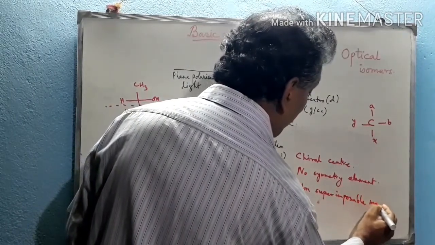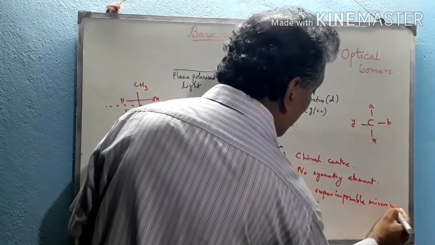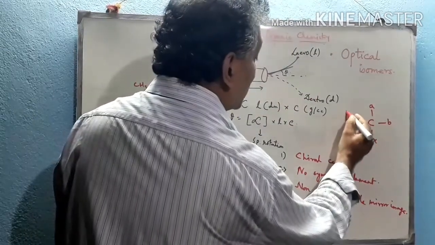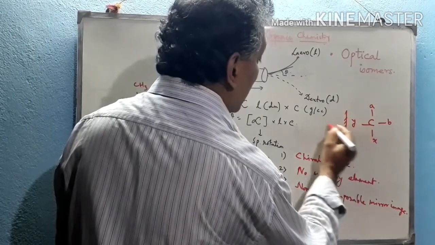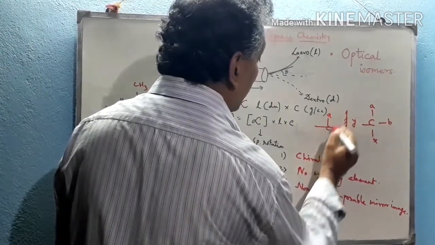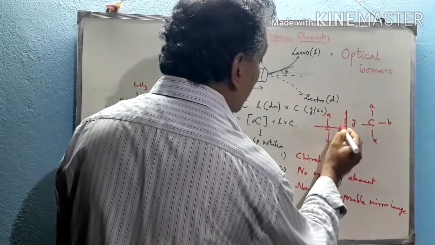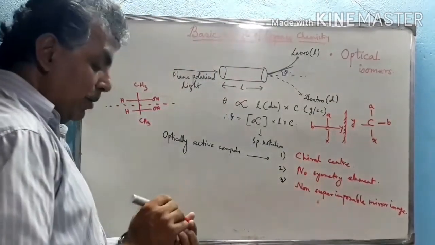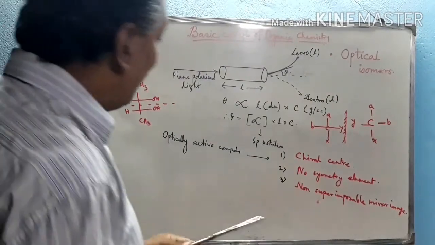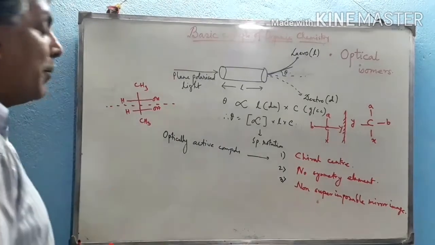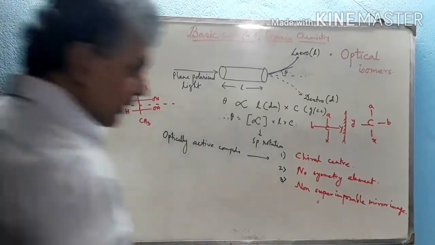If we draw the mirror image of this, the initial compound will be like this. Here carbon, here A, here X, but here this will be Y and this is B, and this is called the non-superimposable mirror image. So whenever all these three conditions are fulfilled, we can say that the compound is optically active.